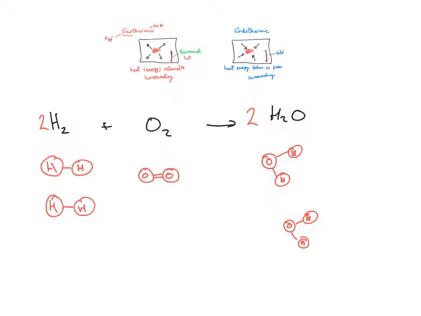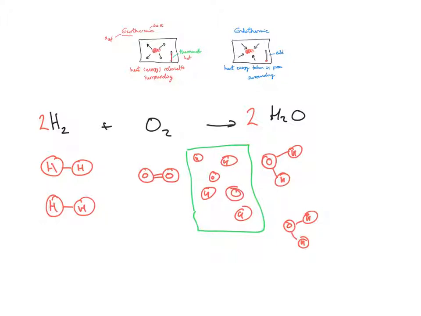If I want this reaction to happen, actually I need to do something first. I can't form any of these until I've broken these bonds first. So the very first thing you have to do in this reaction is break all of these bonds, and that will leave you with 4 hydrogens and the 2 oxygens.